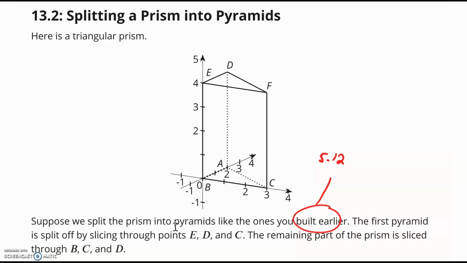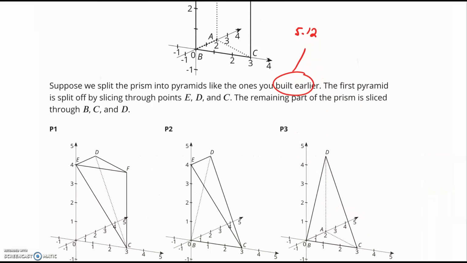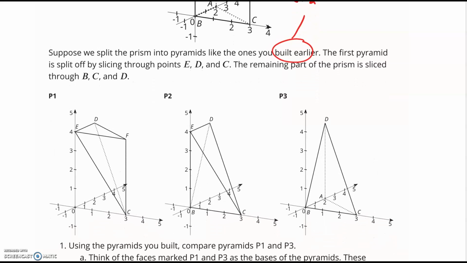So here's what we're going to do: we're going to slice through these points, E, D, and C, and the remaining part of the prism is sliced through B, C, and D. And when we do that, we create these pyramids.